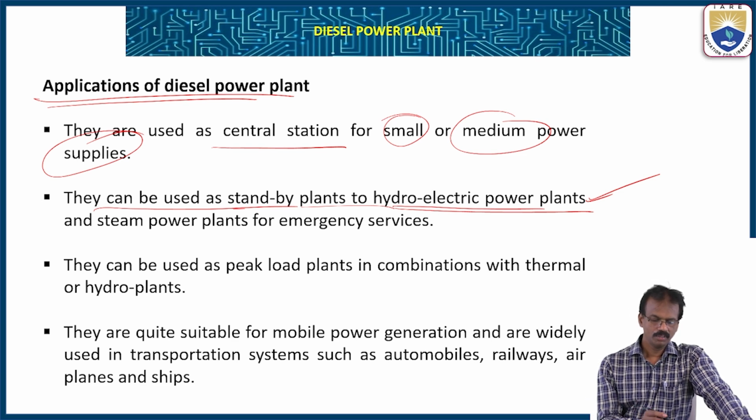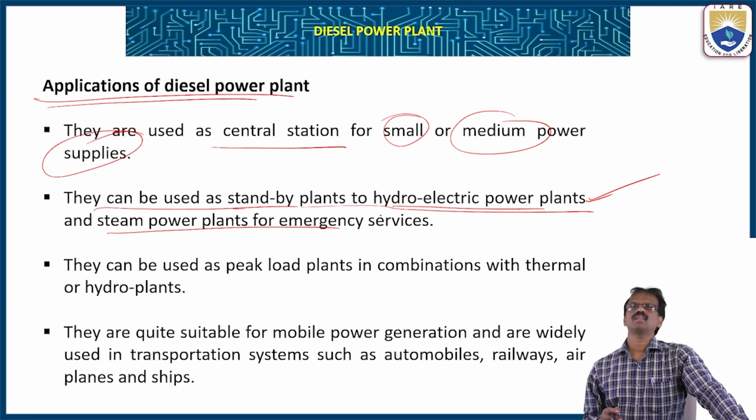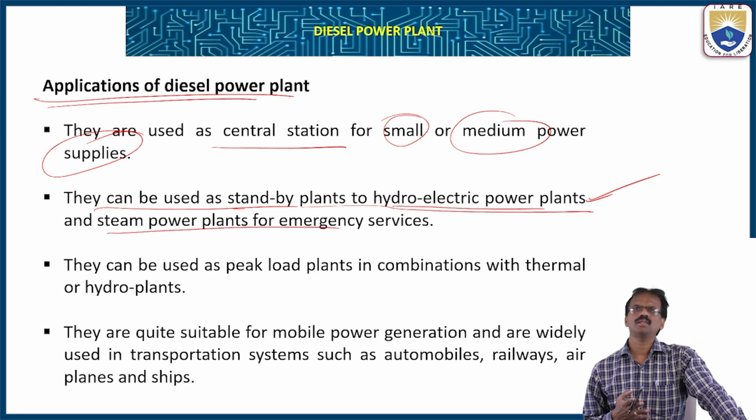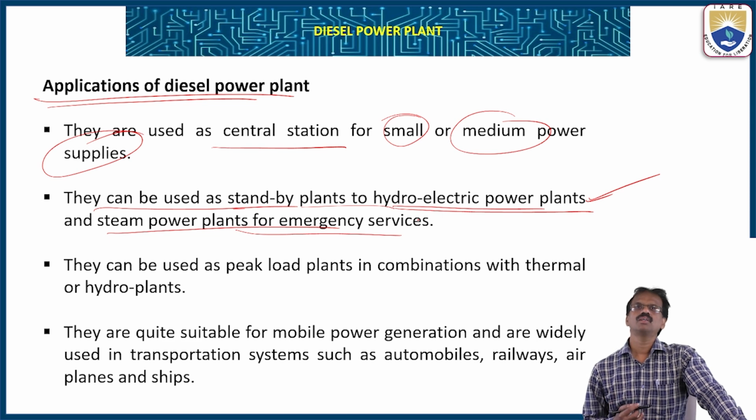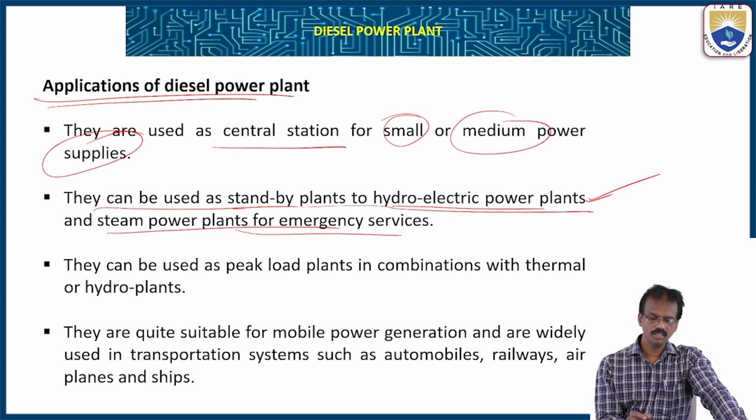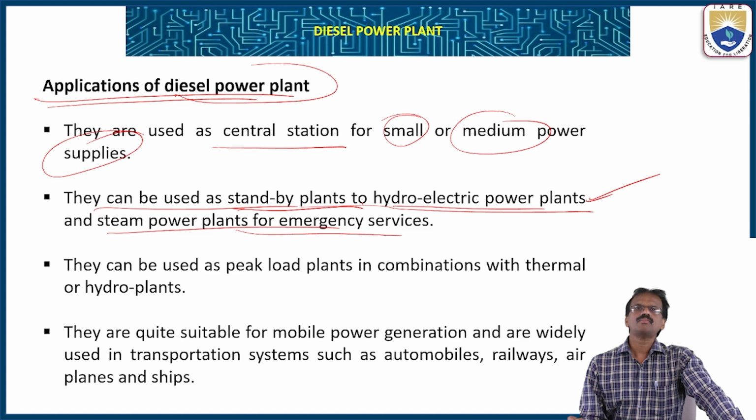of the power supply. And steam power plants also. In the case of steam power plants and for emergency services, there is a lack of fuel. So in this case, for producing power, we use the diesel power plant as a standby plant.